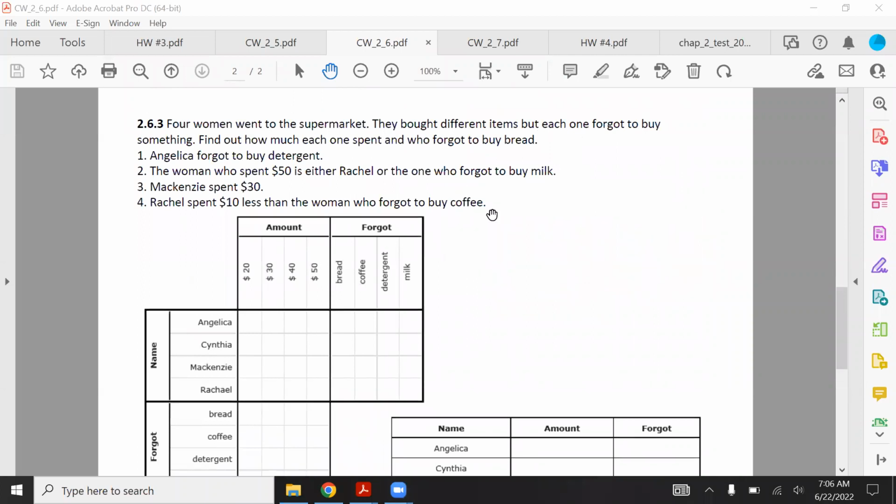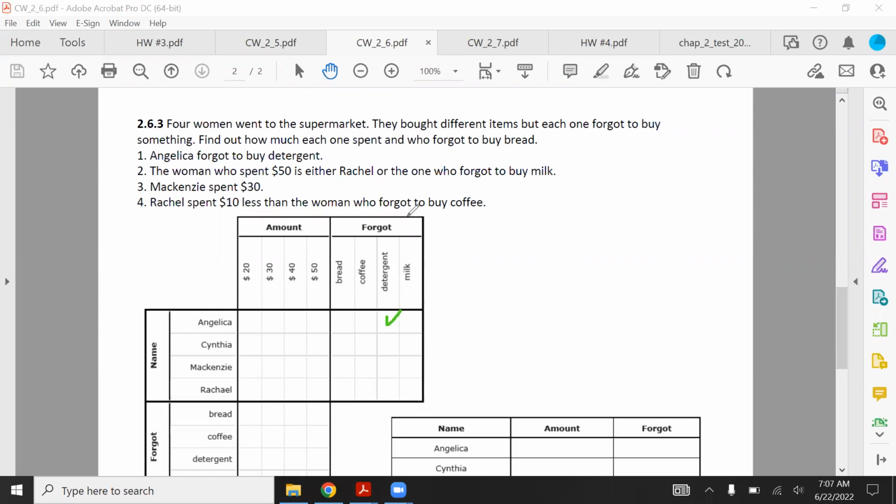So 4 women went to the supermarket, they bought different items, but each one forgot to buy something. Find out how much each one spent and who forgot to buy bread. Okay, so Angelica forgot to buy detergent. So you're going to put a check mark, because you want to figure out what they forgot to buy.